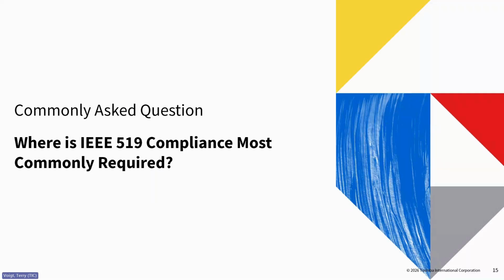All right, another commonly asked question is, where is IEEE 519 most commonly required? Or another way to think about it is, where is it most applied, or what do we see it most commonly tied with? Essentially the two largest that I normally see this tied with is the HVAC industry.